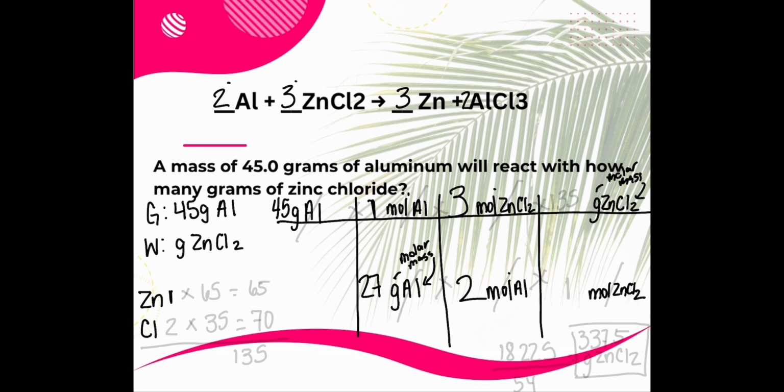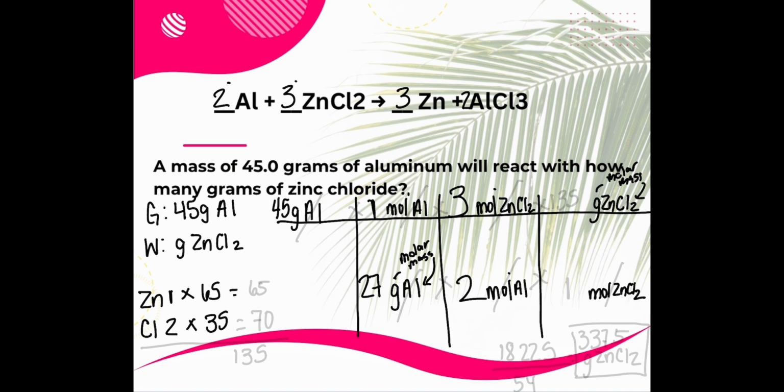I see that I have a subscript of 1 for Zn and a subscript of 2 for Cl. And now I'm going to multiply my subscript by the atomic mass of those elements. So zinc has an atomic mass of 65 and Cl has an atomic mass of 35.